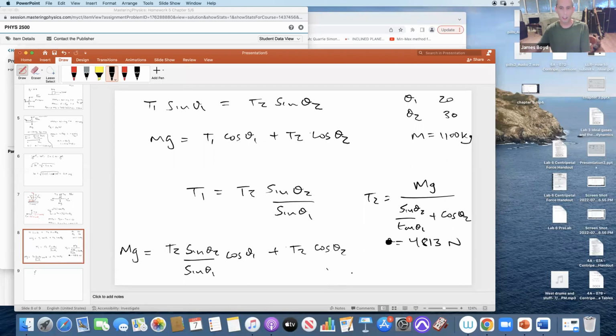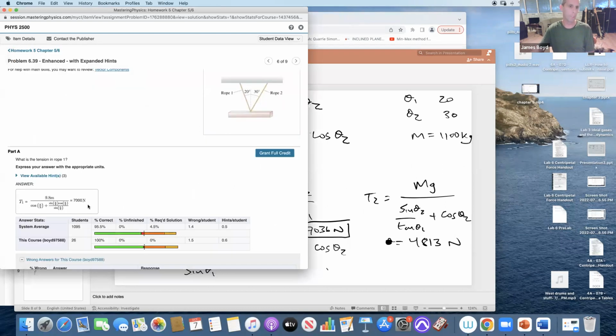Plugging that in here to get T1, I get 4813 sine of 30 over sine of 20. So times sine of 30 divided by sine of 20. And I get 7,036 newtons. If I round this, I get 7,000, which is what they got.